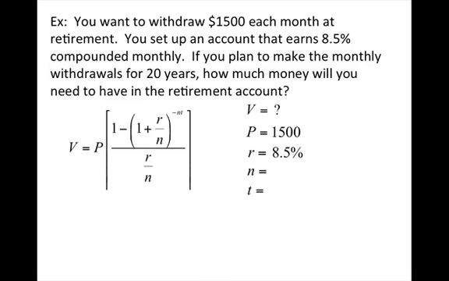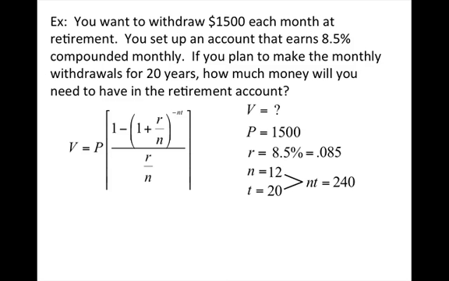R is my interest rate, which is 8.5%. If I divide that by 100, I get 0.085. N is the number of times compounded per year. It's compounded monthly, so N is 12. And time is my number of years, and I'm doing this for 20 years. And if I go ahead and multiply my NT, 12 times 20 is 240.